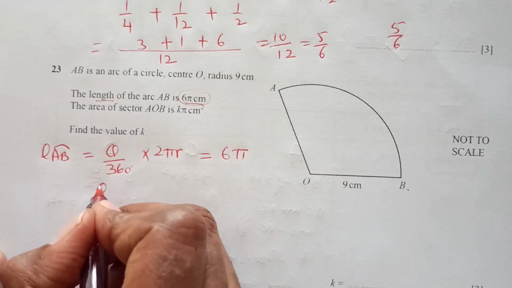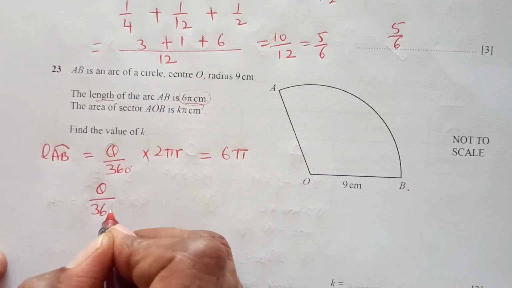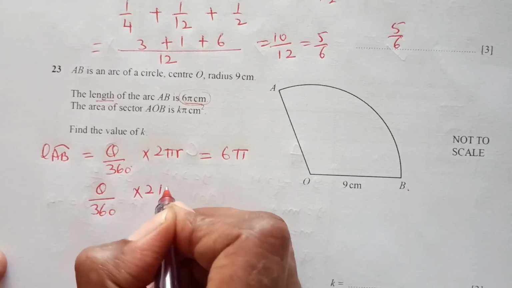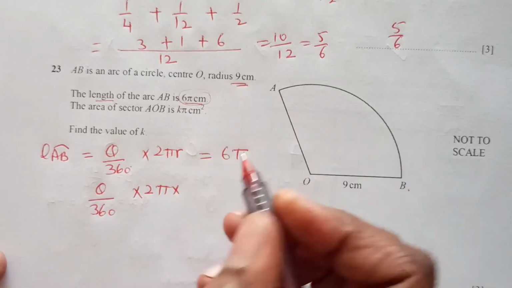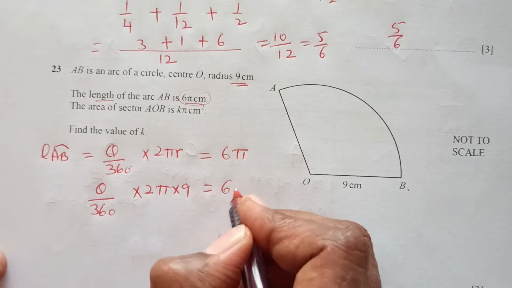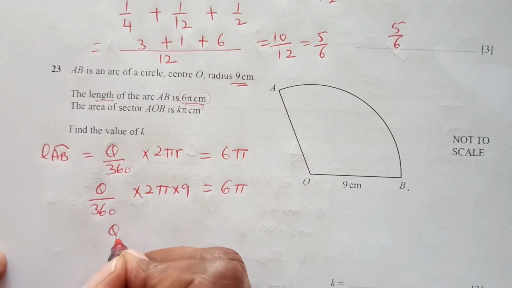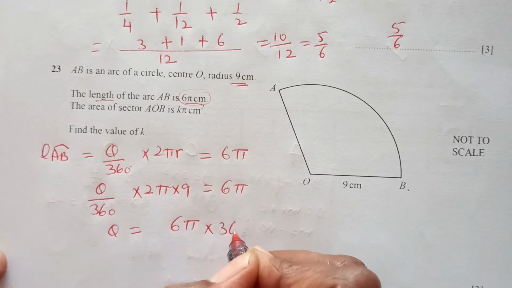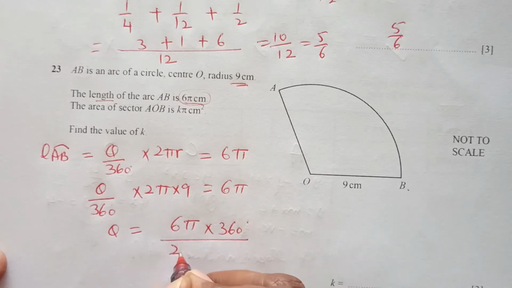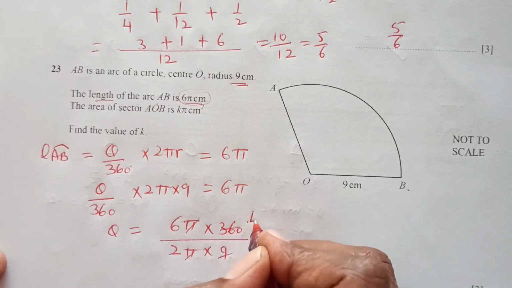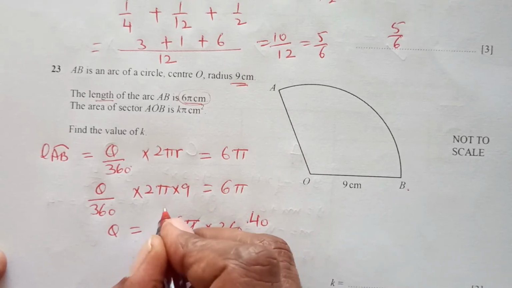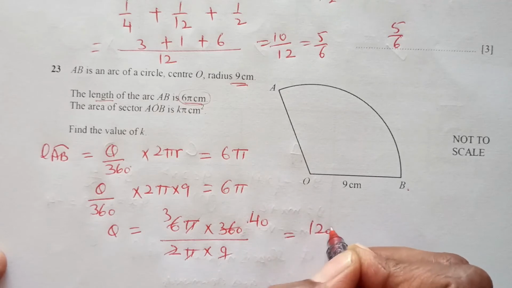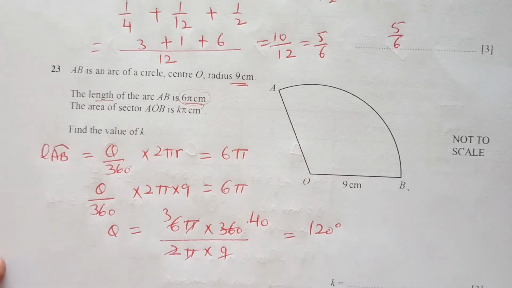R is 9 centimeters. So from here theta will be 6 pi times 360 over 2 pi times 9. This and this is gone. 9 times 4, 2 times 3, 120 degrees. So we got theta 120.